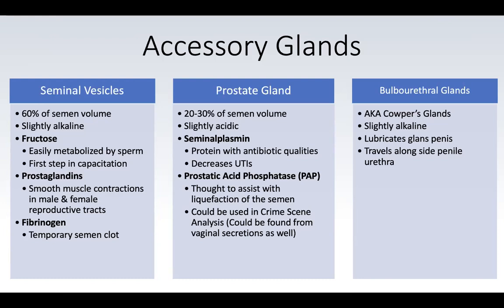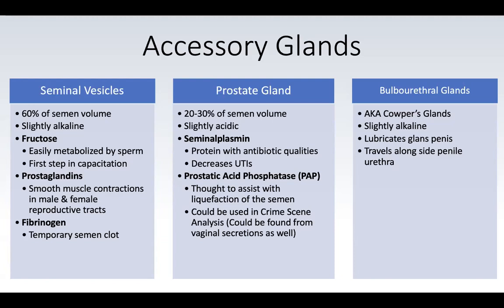So the seminal vesicles are slightly alkaline. They will contain fructose, which is easily metabolized by sperm. It's essentially food for sperm, right? Even though the neck has lots of mitochondria, something has got to feed the mitochondria, and there's got to be a carbohydrate precursor.